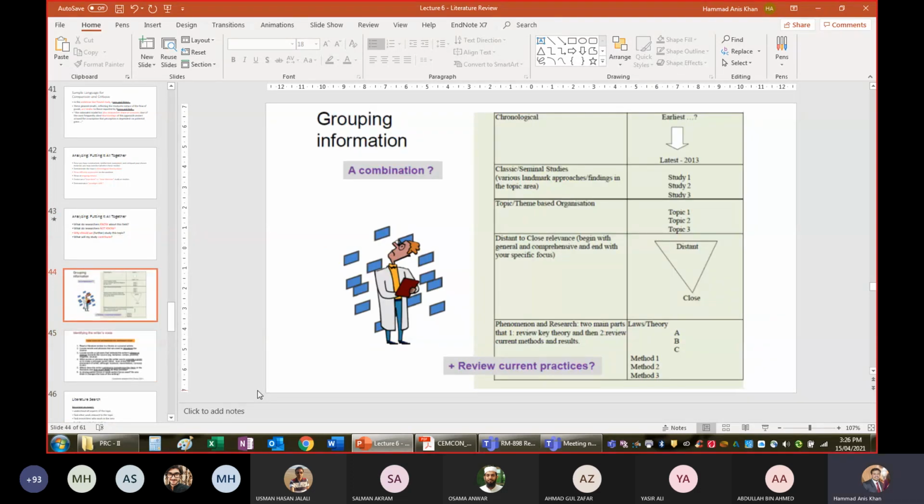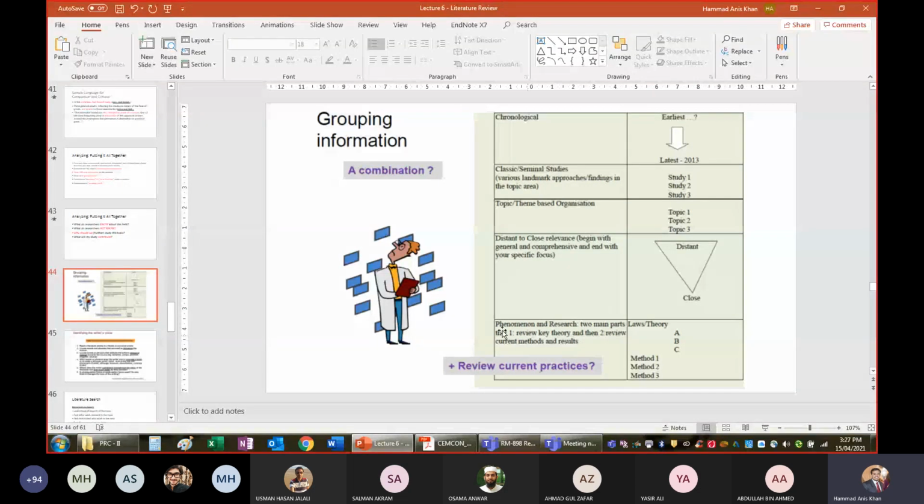When you are grouping the literature review, there are different approaches. Chronological, where you start from the earliest and end at the latest. Seminal or landmark studies, study one, study two. A theme-based review, where you highlight a topic and on each topic go from study one to study three, then the second topic. You can move from distant to very close, using a funnel approach.